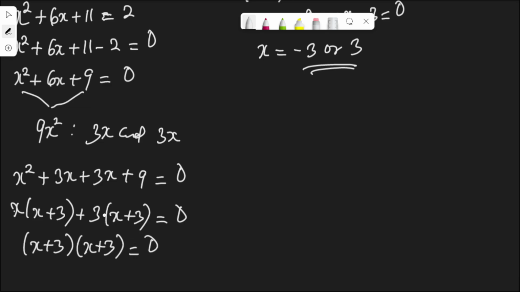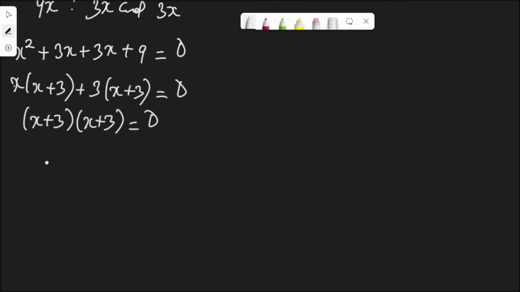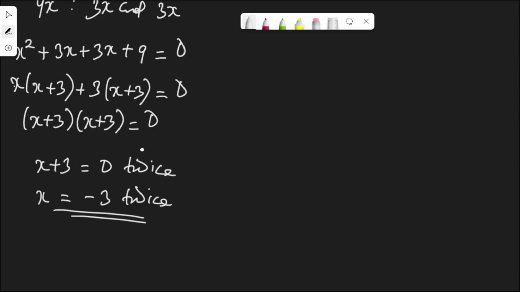When the factors are the same like this, we can say x plus 3 is equal to 0 twice. Since the factors are the same, therefore x is equal to negative 3 twice. That's it for the second question.